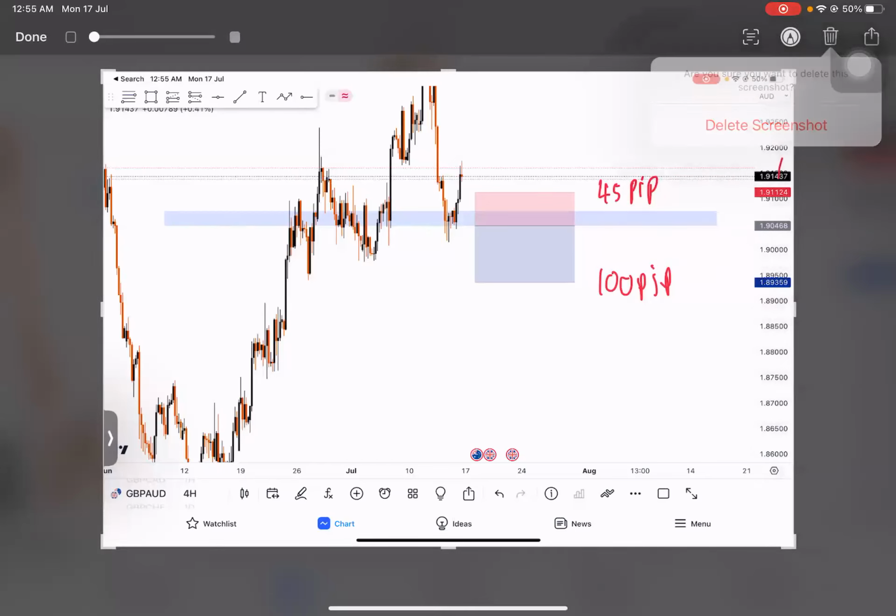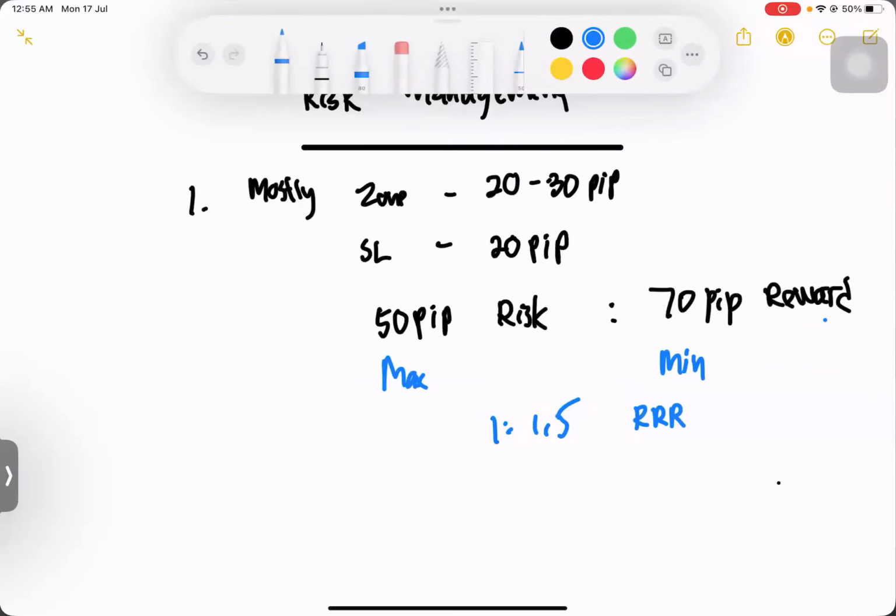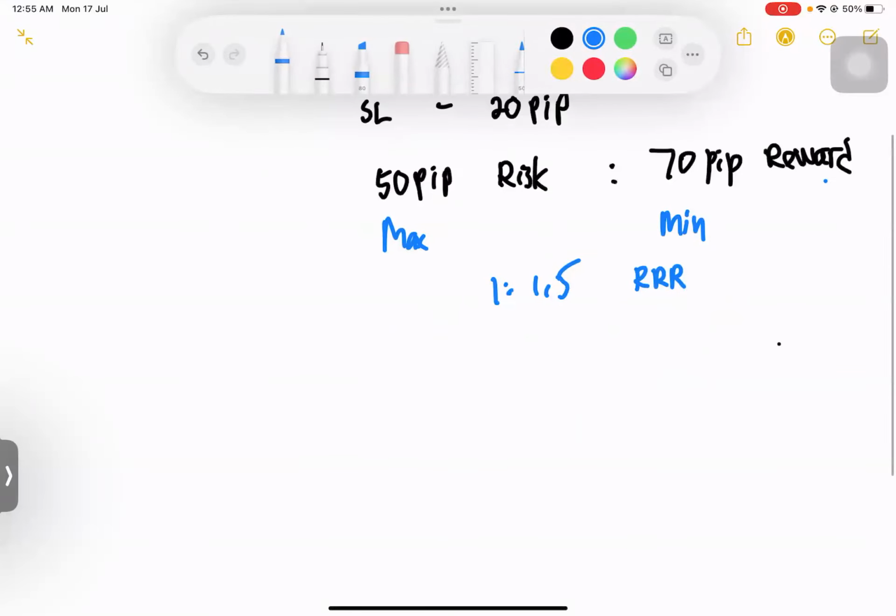Okay, on the next thing, I will talk about the money management first. I know that most of you guys love leverage, right? So the money management is very important for you guys also.